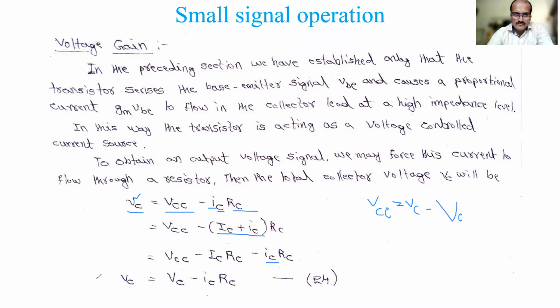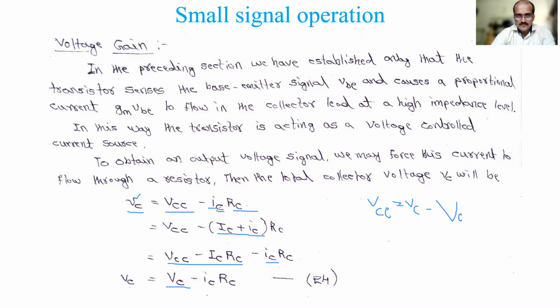From this, we can write this VCC minus ICRC as the collector voltage, both capital here. Lots of confusion will happen, so be careful about the three terms: instantaneous, DC, AC. Here this VC was the instantaneous collector voltage, which has the instantaneous collector current.